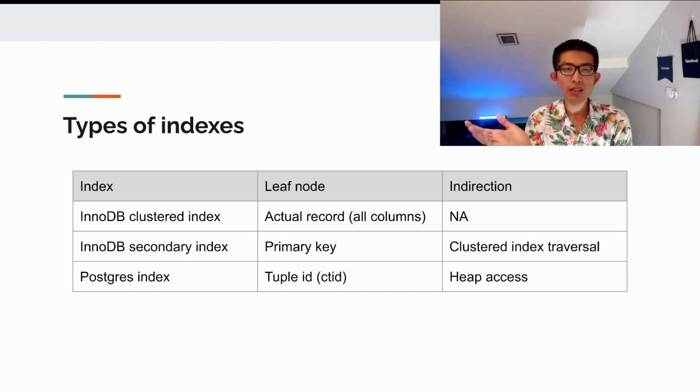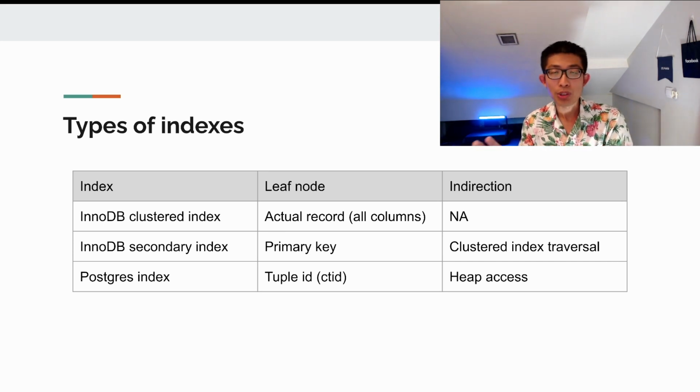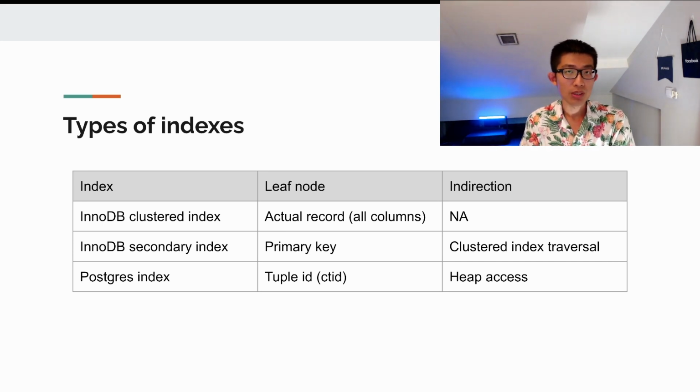And that's really the primary difference between the Postgres secondary index versus MySQL's secondary index. In Postgres, we call it indirection, it is one IO because we know the physical location of the row. But for the InnoDB secondary index, your indirection is another B-tree traversal, which is potentially more expensive.